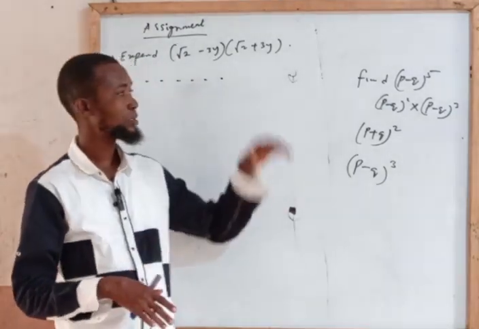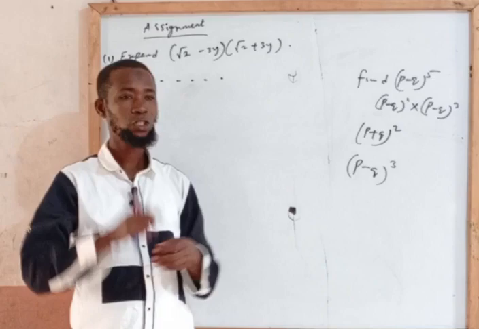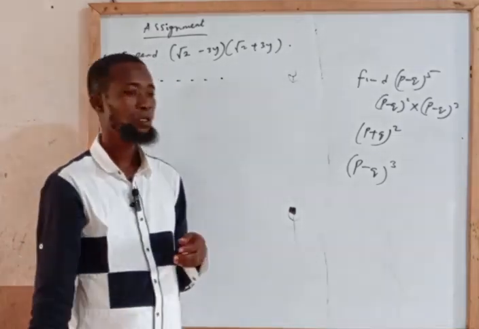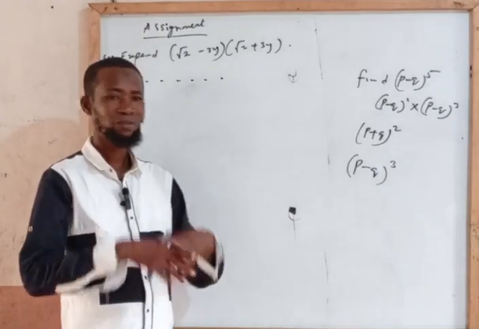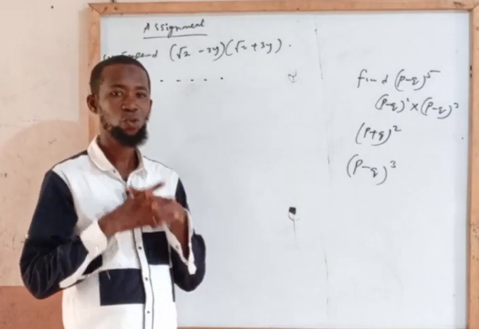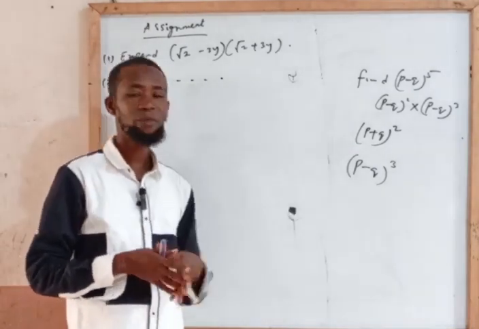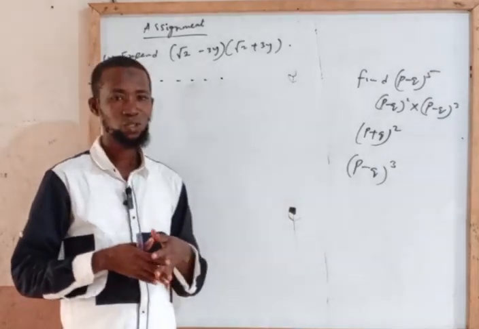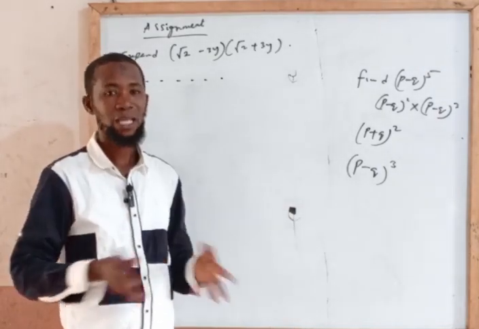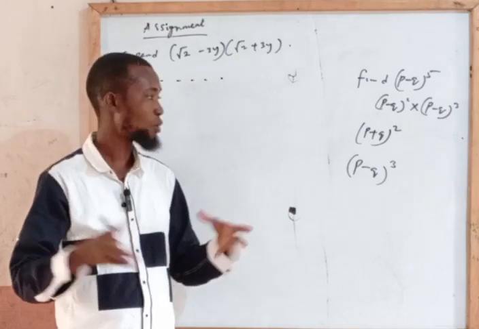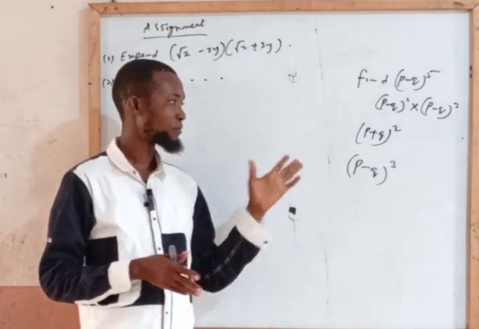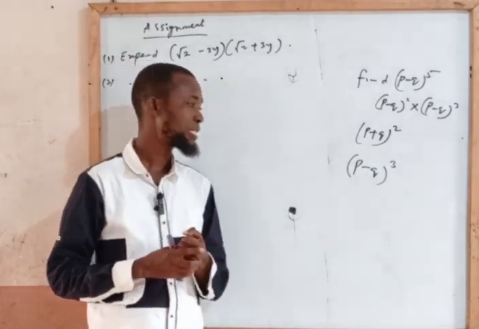Normally you move from normal equation, to change of subject of formula, to simultaneous equation, quadratic equation, and so on. But with the help of identities, we need not know all those many topics before we can solve a very complex question. So that is one of the benefits of these identities.